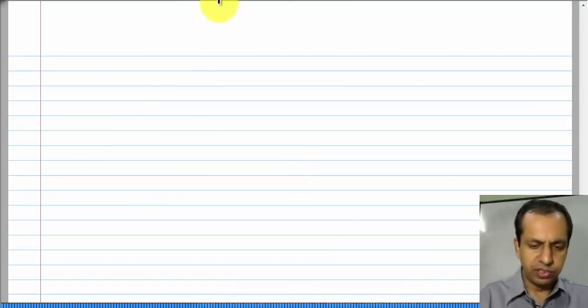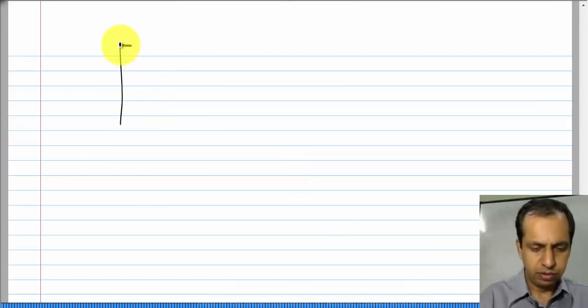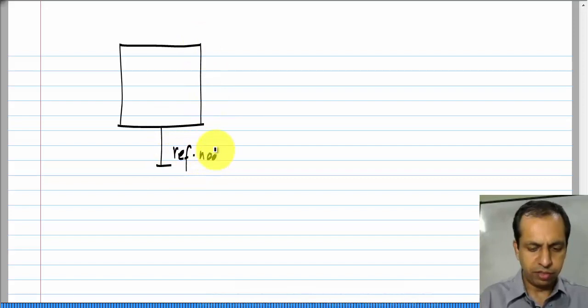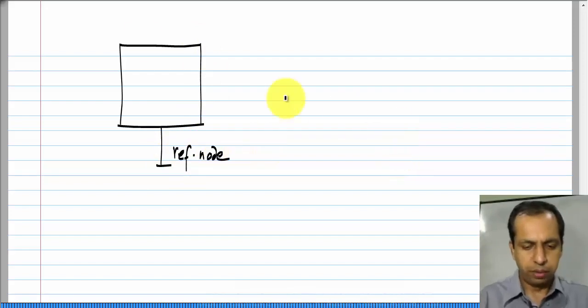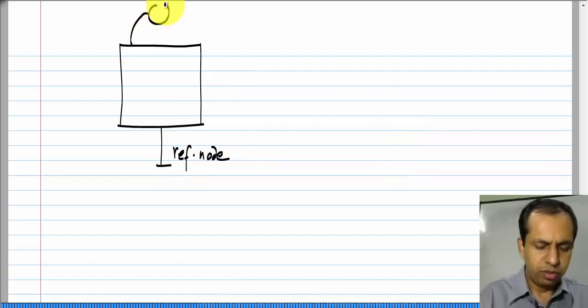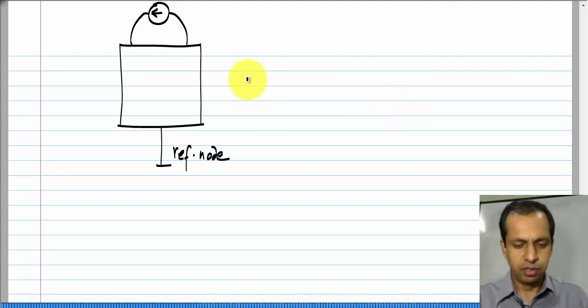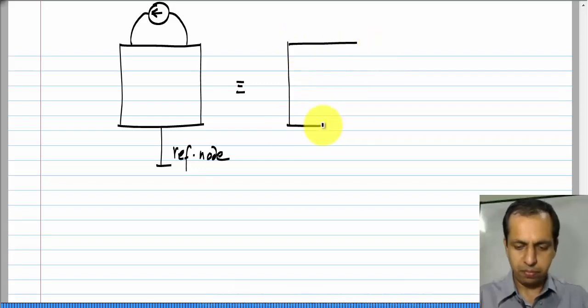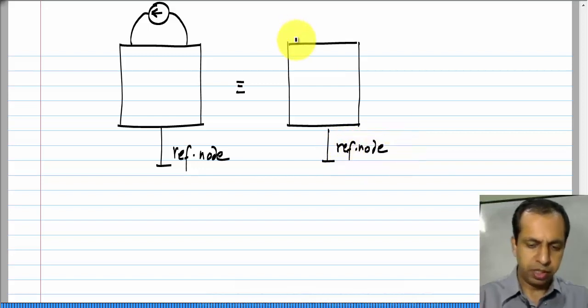Now, what is the use of this? Let us say we have a circuit and there is some node we think of as the reference node. Now, I have a current source like this, and I will split it into two sources in series.